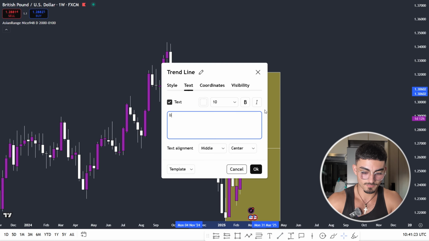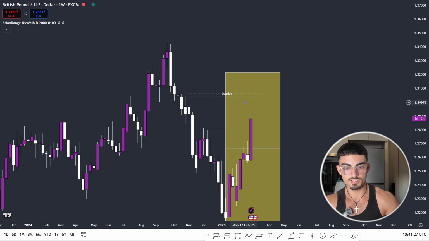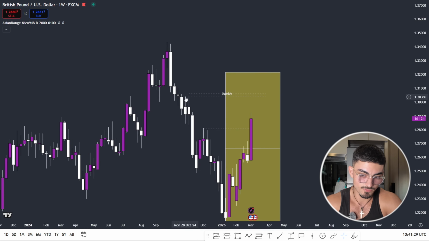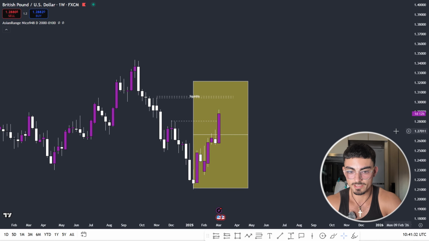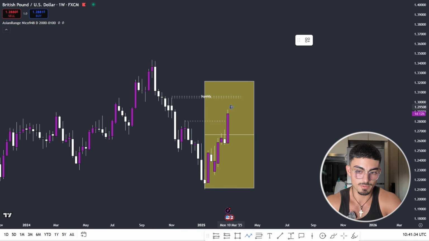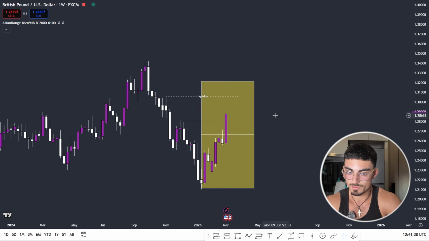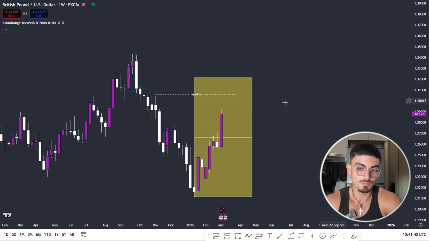So if I draw liquidity, spelled terribly, but you can see what I mean, there's liquidity resting above these highs, so it's very likely that price is probably going to go up and take this liquidity out at some point in time. We're not saying it's going to happen this week or next week, who knows, but if we're bullish, this will be the next target, okay?